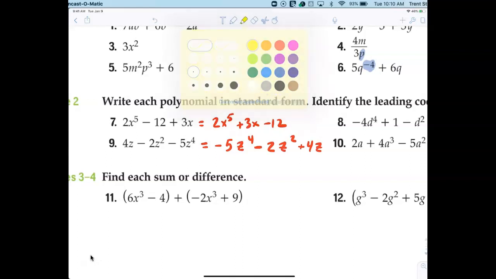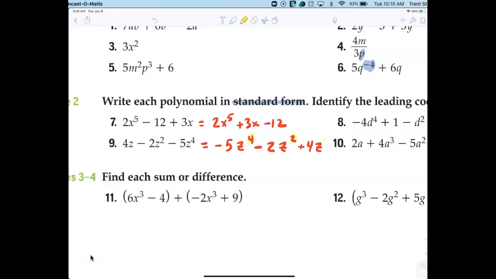The largest exponent, 4, then 2, and then remember that's a 1. So the negatives don't really matter? The negative values, the coefficients, have no meaning for standard form. All right, it's the exponent. Largest exponent to smallest exponent. All right, largest to smallest.